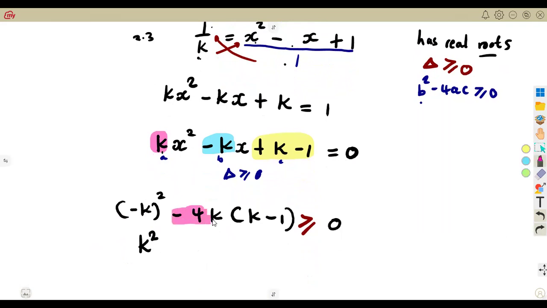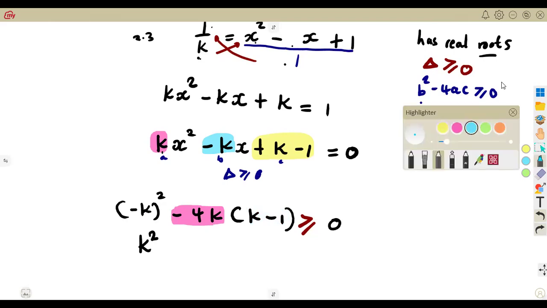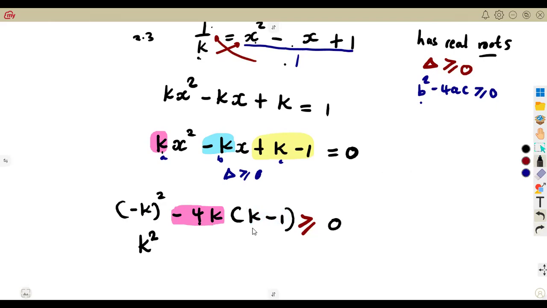It's a single term, so it's going to distribute to every term in this bracket. All right? So take note there. So that's minus 4k times k, which is minus 4k squared. Minus 4k times this minus 1, that's positive what? Positive 4k. Greater than or equal to 0.